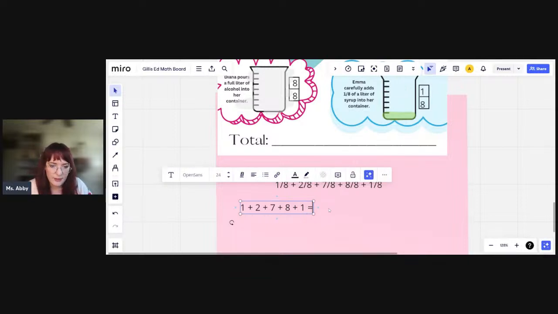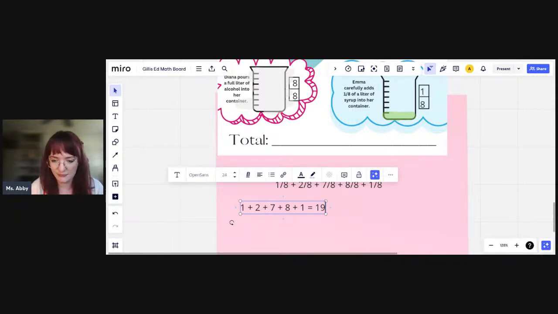When we do this, that is going to give us our numerator before we simplify everything. So 1 plus 2 plus 7 plus 8 plus 1 is going to be 19.